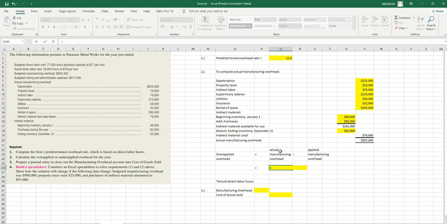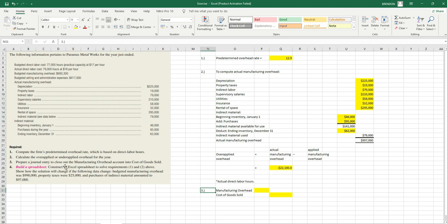We have the actual manufacturing overhead as 997,000 minus the predetermined overhead rate with 12.90 multiplied by the actual direct labor hours, which is 79,000 hours. That will give us 22,100.